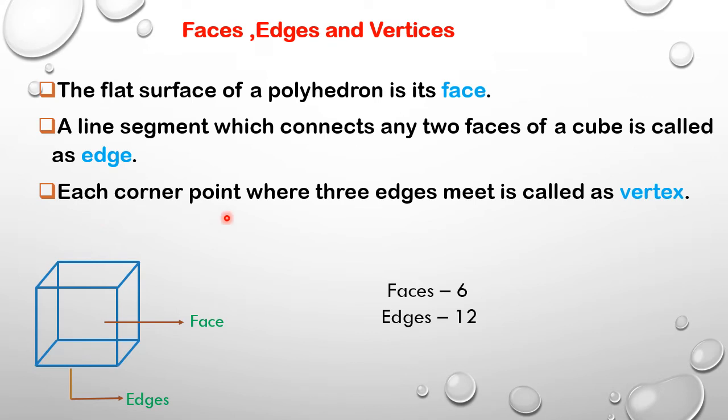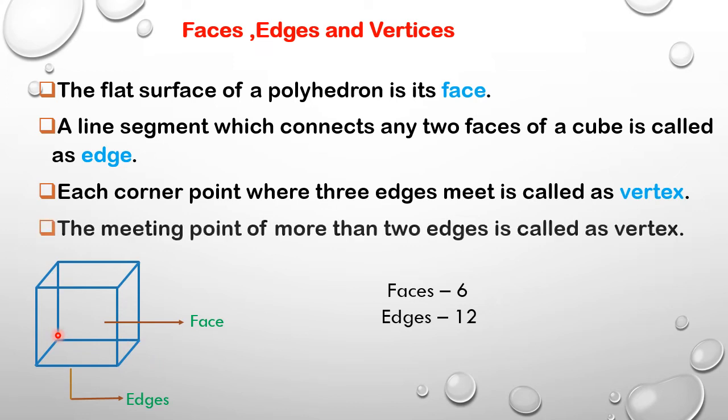Next, each corner point where 3 edges meet is called a vertex. For example, if we take this corner, here 3 edges are meeting, isn't it? This one, then this one, then this one. So this corner is called a vertex. Similarly, we have many corners in the cube.